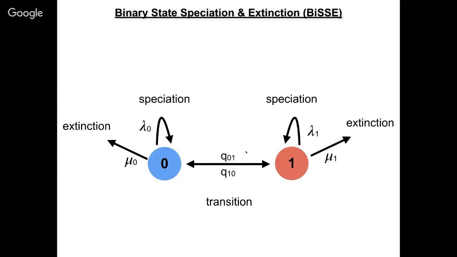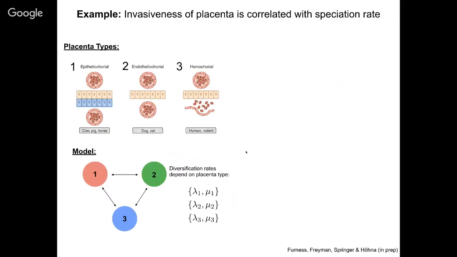Looking back to when I started discretizing my distribution, it's as if there were only two categories of speciation rates, and then you can jump between categories 0 and 1. It's just that in this case, we actually have them observed. And then we have different extinction rates.